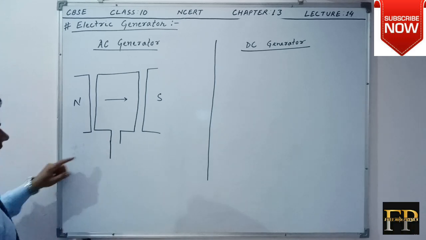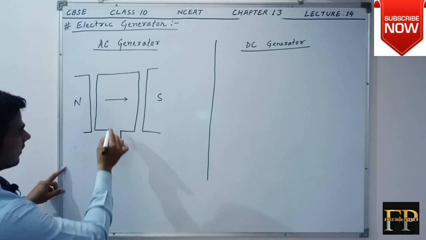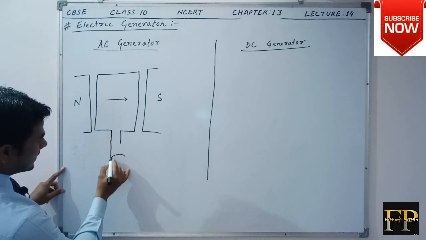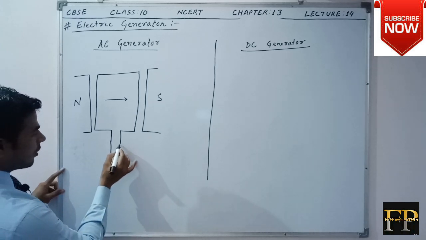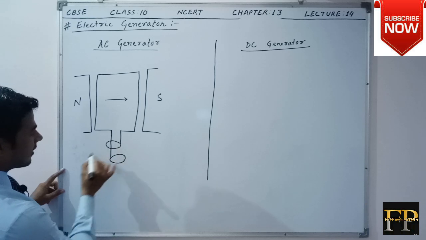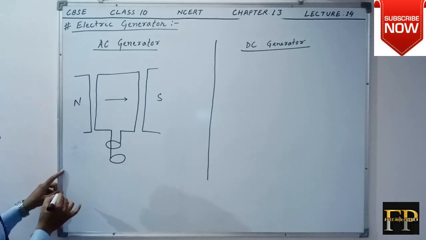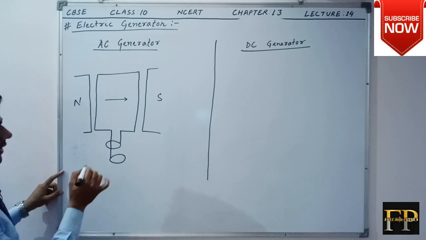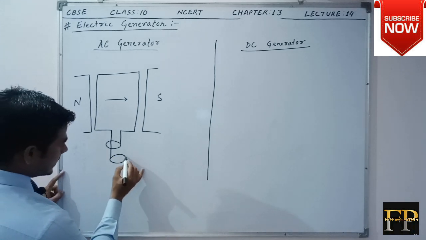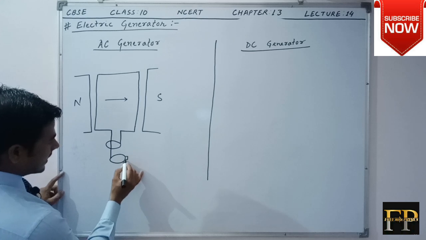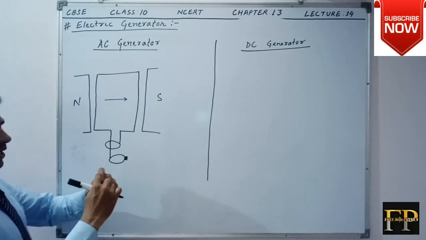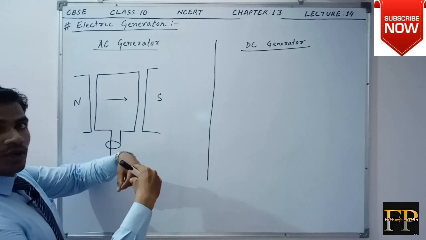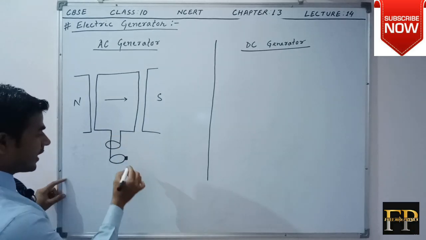In AC generator, one end of this coil is connected to a slip ring and the other end of this coil is connected to another slip ring. On these slip rings there is a carbon brush which allows the slip ring to rotate on it.